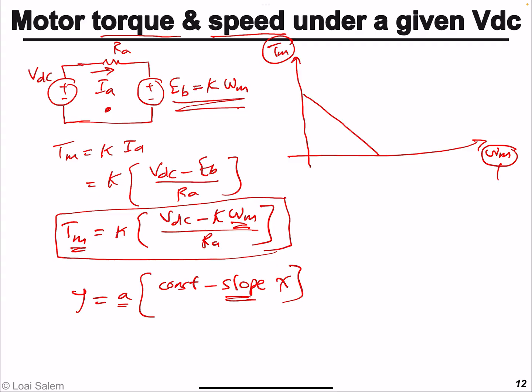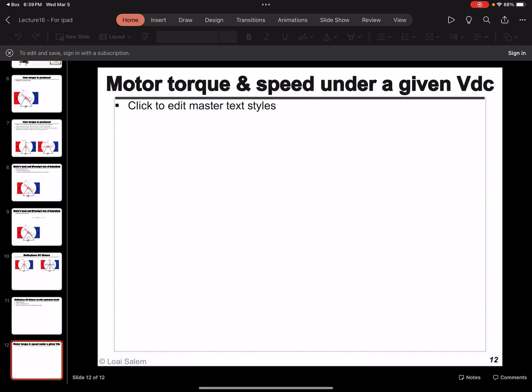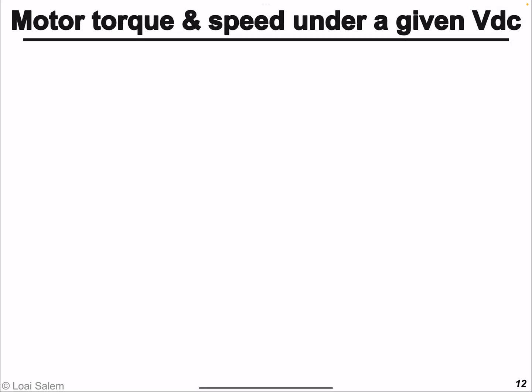And when omega m is equal to 0, from this equation we'll have the torque equal to K times V. Let me sketch this again.